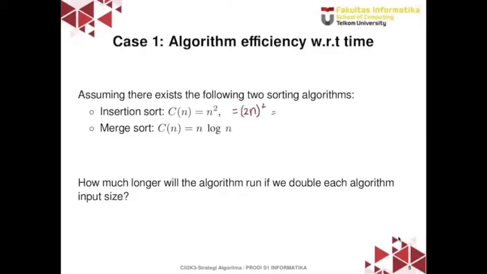Here, if we double the input size, we will have four times longer time to execute the algorithm. For merge sort, we will have it like this, so it is not as bad as insertion sort.